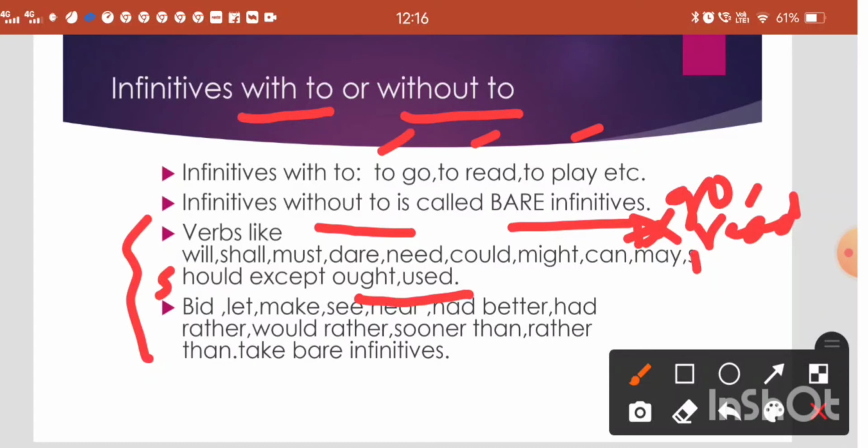But the rest of the verbs do not take infinitive with to. They take bare infinitives. The second set of verbs which take bare infinitives are bid, let, make, see, hear, had better, had rather, would rather, sooner than, rather than. They always take bare infinitives.